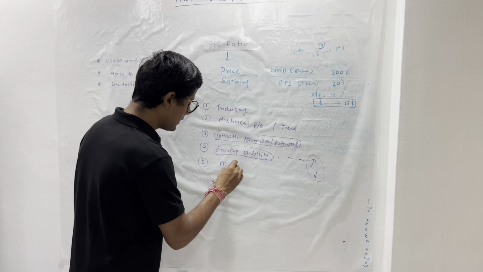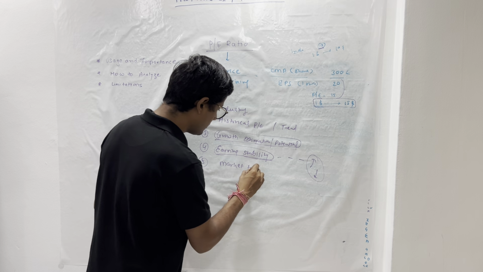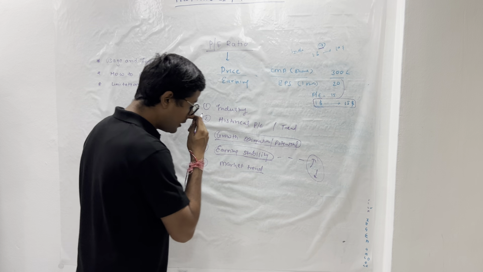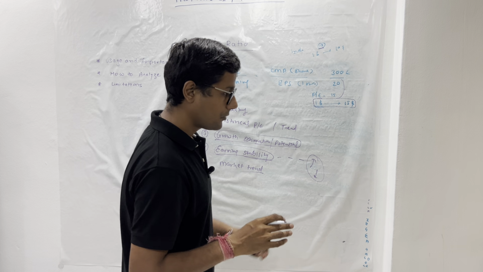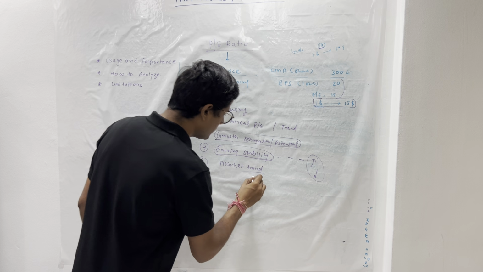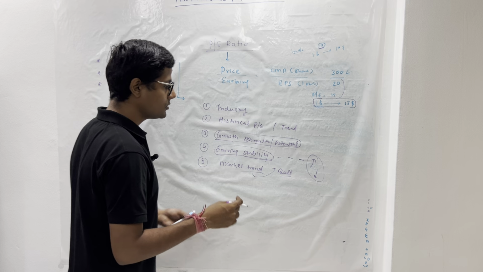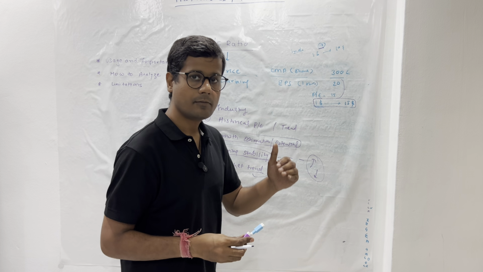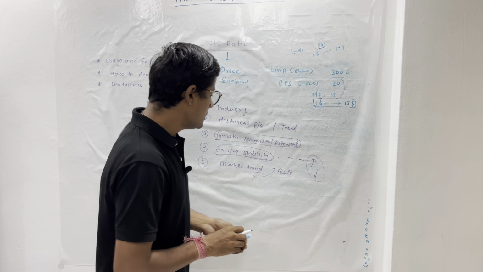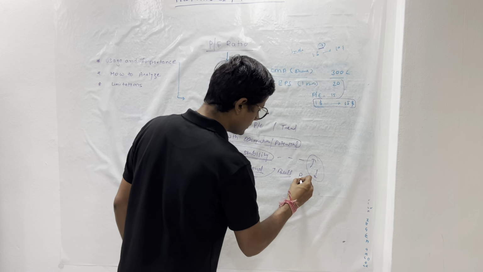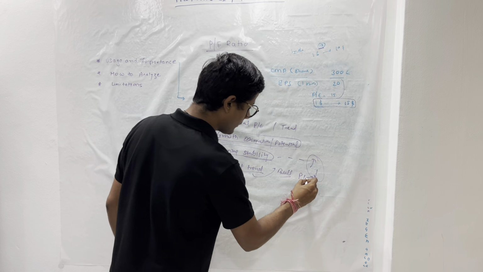Then fifth is the market trend. You also need to see the market trend, because if the market is in a bull run, then most company stock prices are higher, and if the market price is higher, then obviously the PE ratio will be higher.